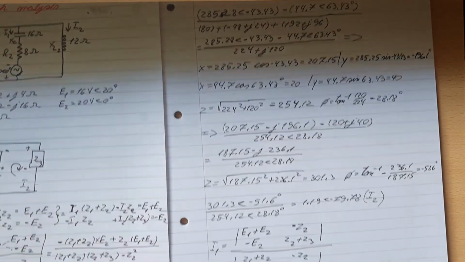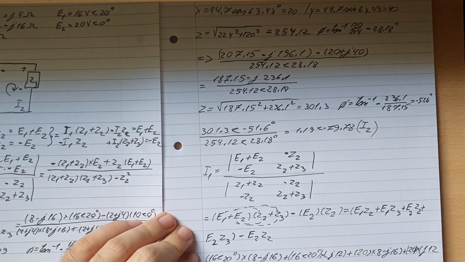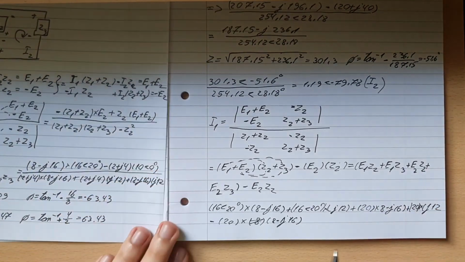Z2 is 8 minus J16, okay, multiplied by 8 minus J16. There you go, sorry about that.